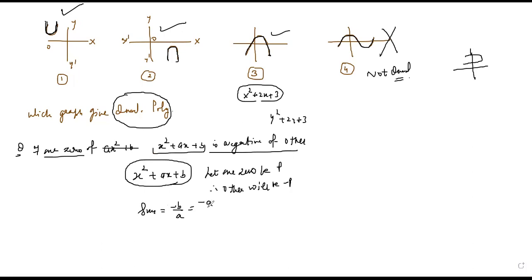So this is minus a upon 1, because b is minus a. So minus p plus p is equal to minus a, 0 is equal to minus a, a is equal to 0. So the linear term will always be 0 if both zeros are negatives of each other. Clear? If you get such a question, then under these circumstances the linear term will be 0.